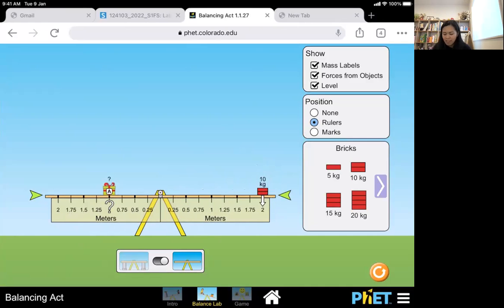So what do you think is the mass of the mystery object 1? It balances when 10 kilograms is at 2 meters. It means that the mass of object A should be twice the mass of the 10 kilograms, because the lever arm of 10 kilograms is twice the lever arm of object A.